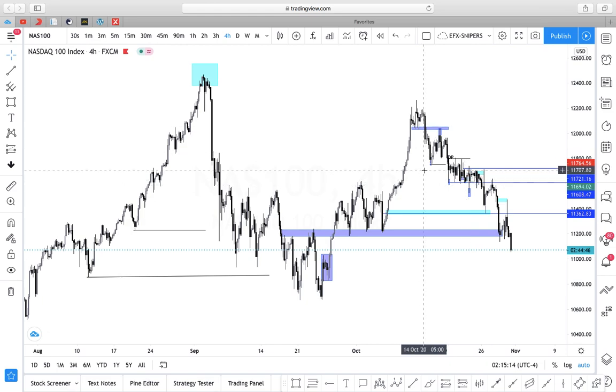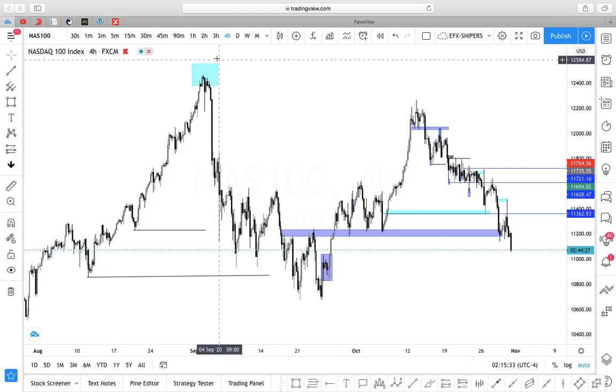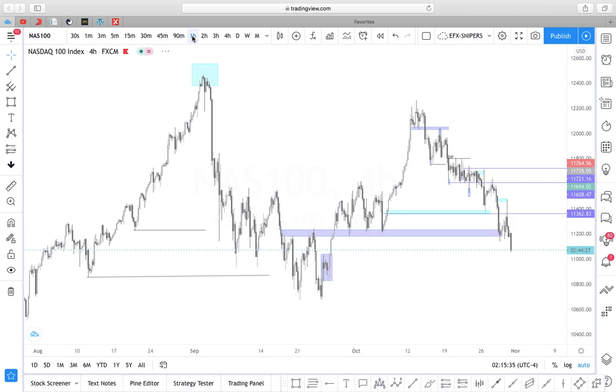So where I want us to focus more is on this side, where there is this drop. Where is market going, and how is the market going? How far is market going, and where do we expect? So let me zoom in on H1 to show you guys.